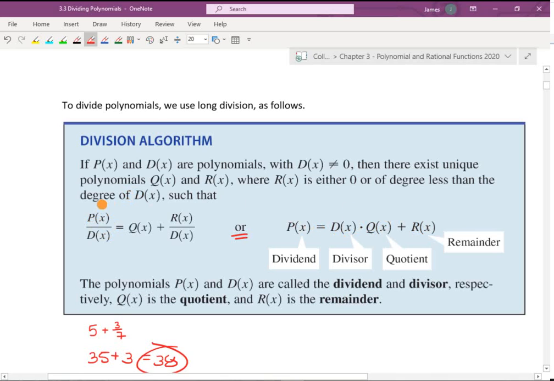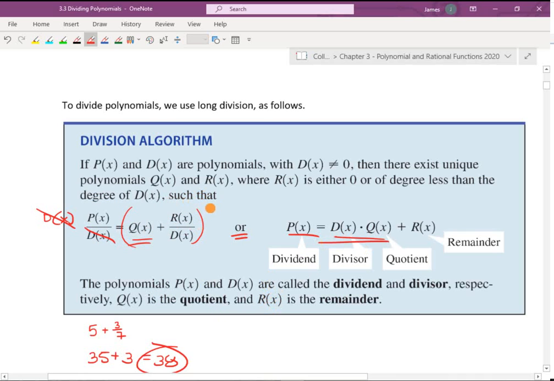If I want to solve this for p of x, how do I do that? If I multiply this by d of x, does that cancel and that cancel, leaving me p of x? So if I multiply this side by d of x, is it q of x times d of x?